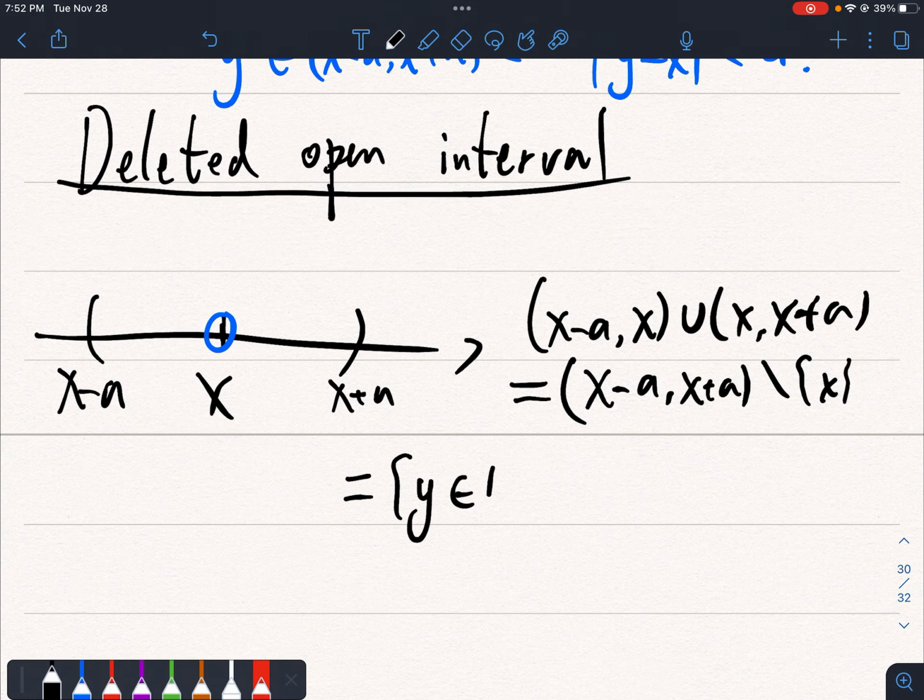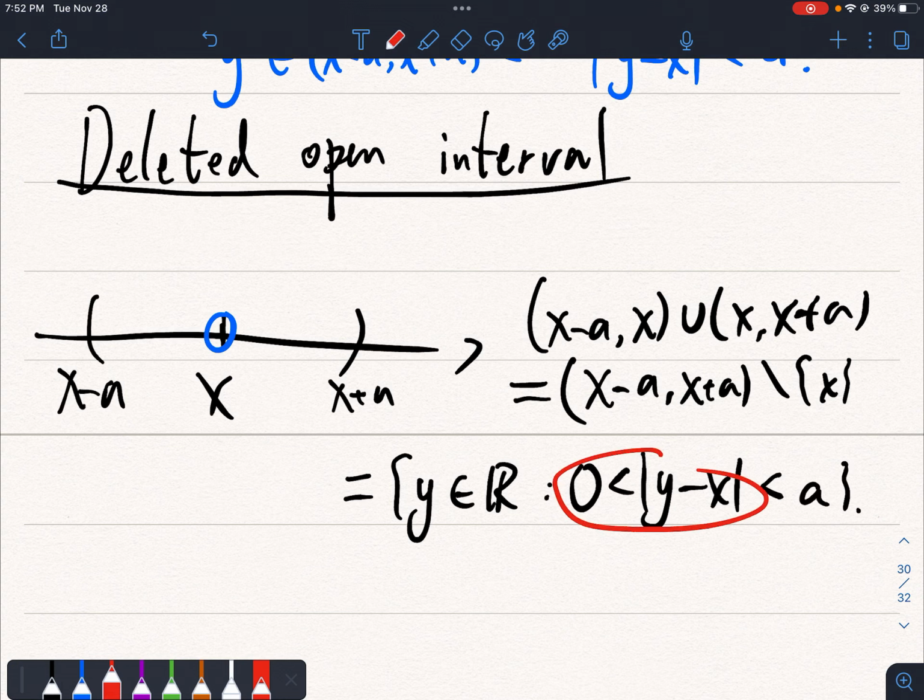So this is exactly the set of all real numbers y, such that the absolute value of y minus x, or the distance from y to x, is bigger than 0 and less than a. So when we say this is bigger than 0, this is always bigger than or equal to 0, and this is 0 if and only if y is equal to x, right? The distance between 2 points is 0 if and only if it's the same point.